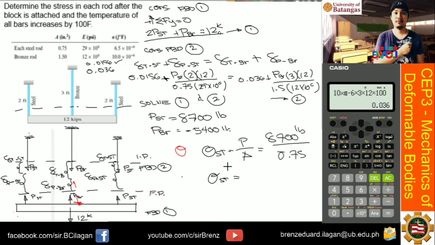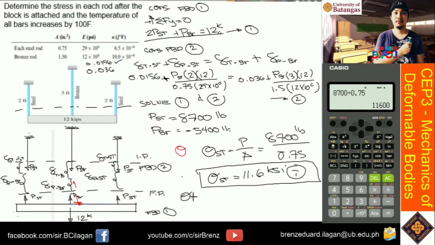So, pindutin lang natin. So, 8,700 divided by 0.75. So, divide ko ng 1,000. So, 11.6 PSI. So, ito is tama in tension.